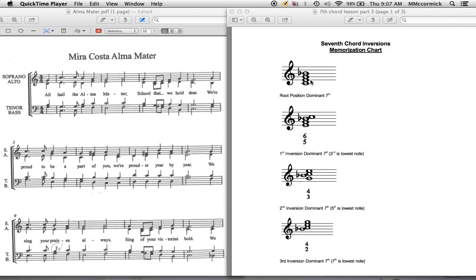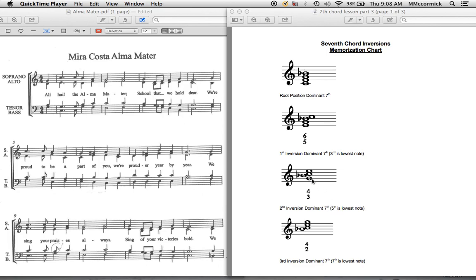Remember that if it's in root position, right, we just call it a 7. Okay, when it goes into first inversion, where the third of the chord is the lowest note, then it's called a 6-5. Right, that's the number we use to represent that. 4-3 is the symbol used to represent the seventh chord when the fifth is the lowest note.